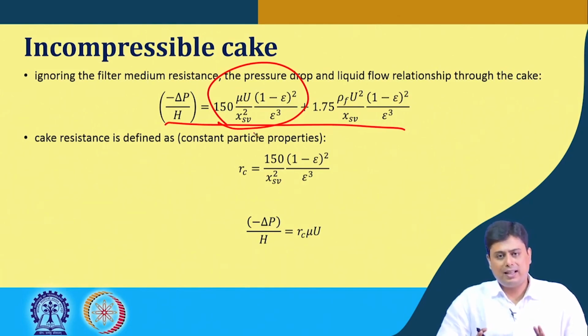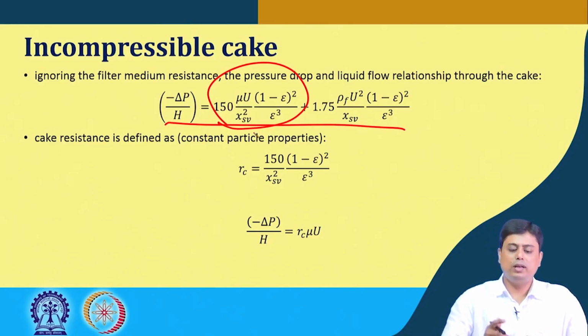Considering the particle size range, the type of fluid, and the size distributions typically used at industrial scale, it has been seen that this contributes only the laminar flow part. That means laminar flow occurs during this filtration process, so we can safely neglect the inertial part.